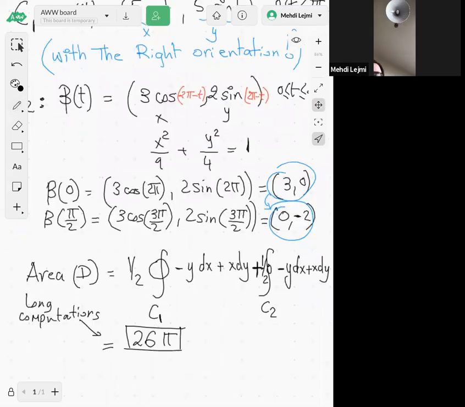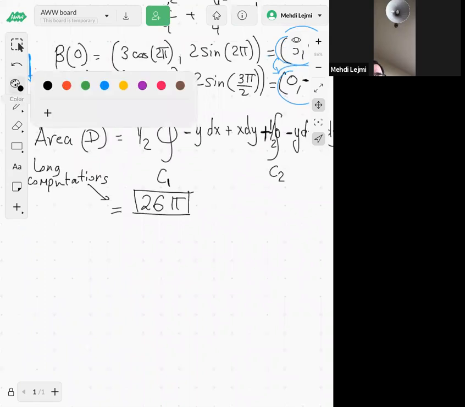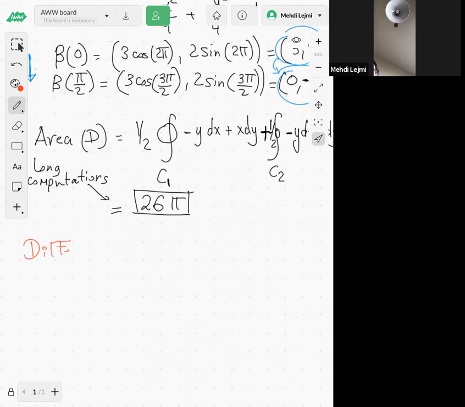So there is another way actually to state Green's theorem. So let's just finish with this remark here. This is a different reformulation of Green's theorem. I'm going to use actually a vector reformulation.